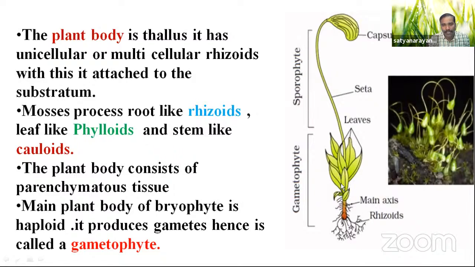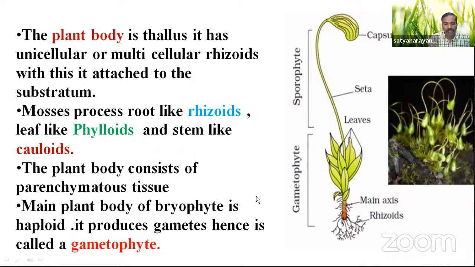It is haploid in condition and the sporophyte is diploid in condition. In this image of Funaria, you can see this is the sporophyte and this body is the gametophyte. So the main plant body is the gametophyte, and it is haploid in condition. That means only a single set of chromosomes is present.